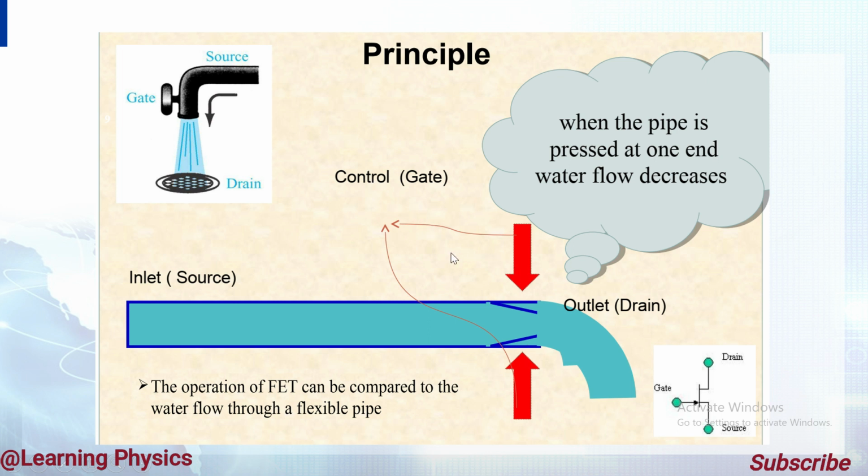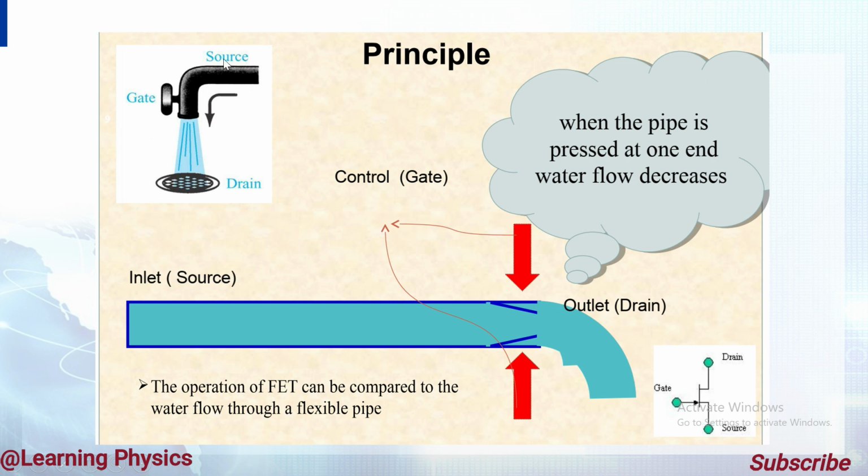When the pipe is pressed at one end, water flow decreases, and we can relate this functioning of FET to this schematic diagram. We can control the flow of water through a stopper, and we can control the flow of electrons or holes or charge carriers through this gate.